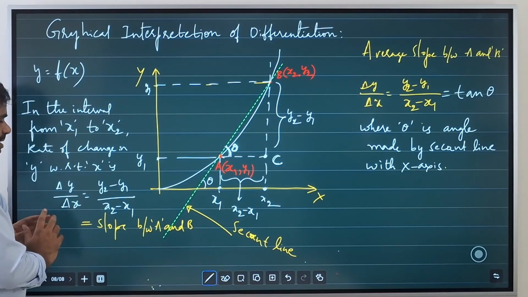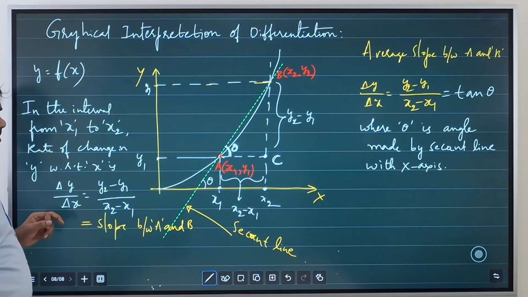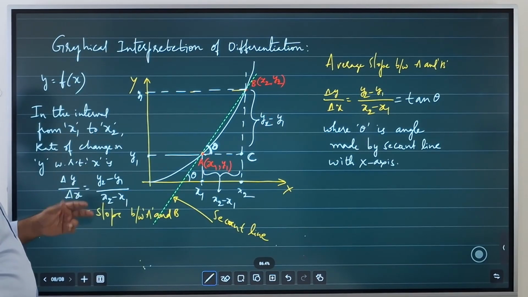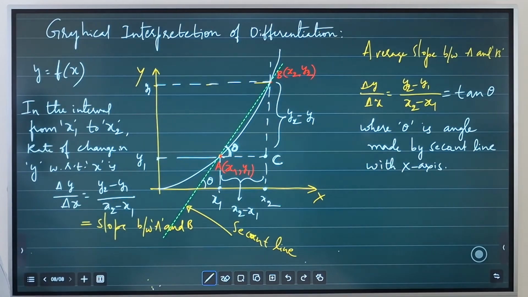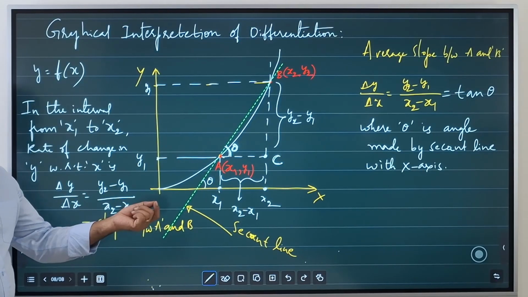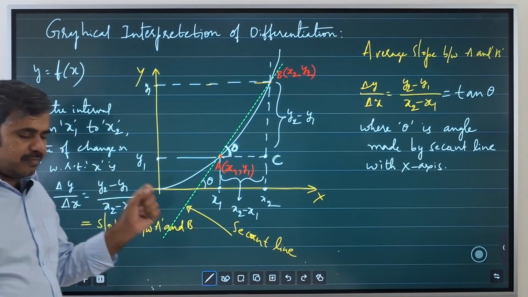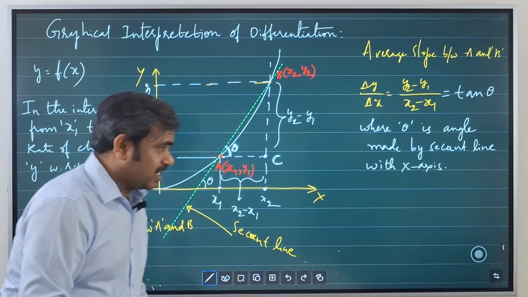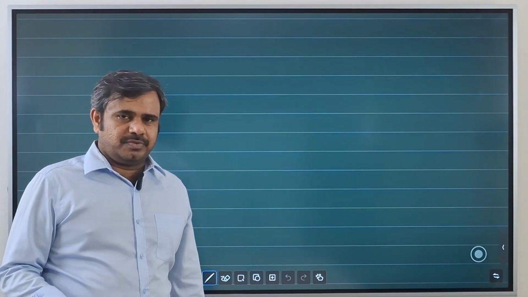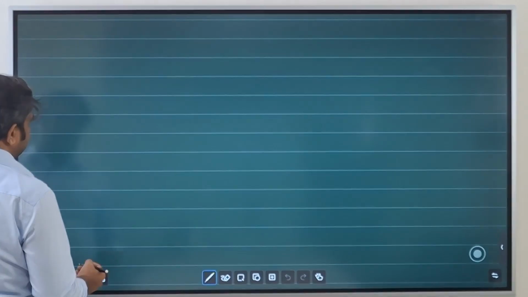Delta y by delta x is the average rate of change in y with respect to x in the given interval from x1 to x2. Right? So we want to know the rate of change in y with respect to x at a given point, at a given value of x. So how do we interpret dy by dx on a graph? That's what we are going to discuss now.